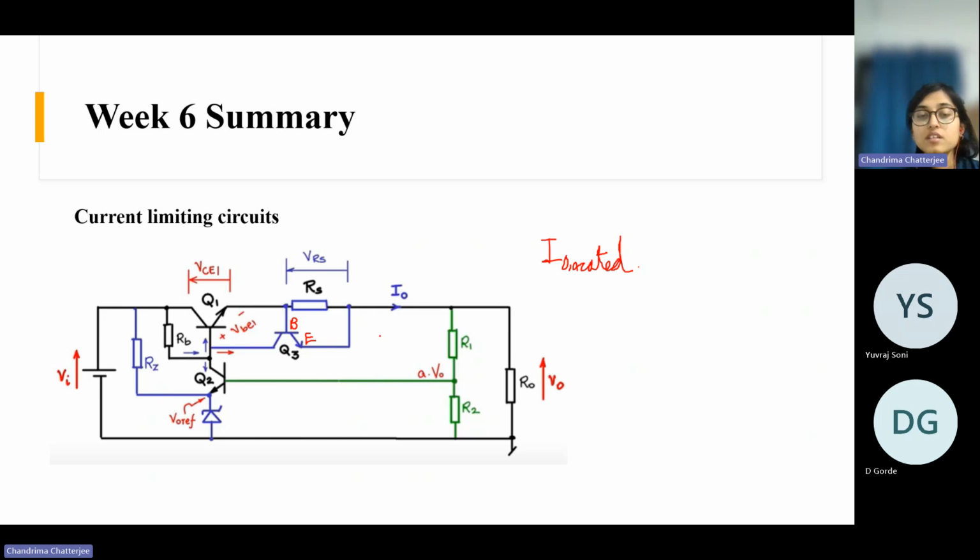So this I naught is flowing here. What is your VBE? VBE is I naught RS. You just see this loop. In this loop, this is your VBE drop, and this is nothing but equal to the drop across this resistance, I naught RS.